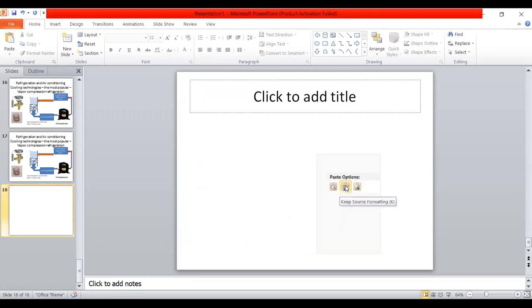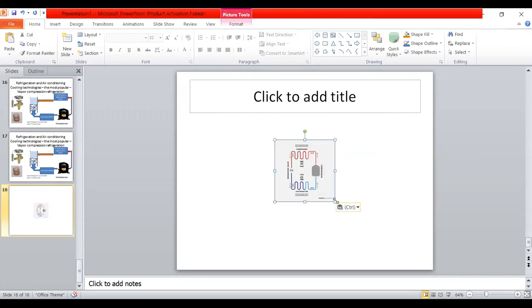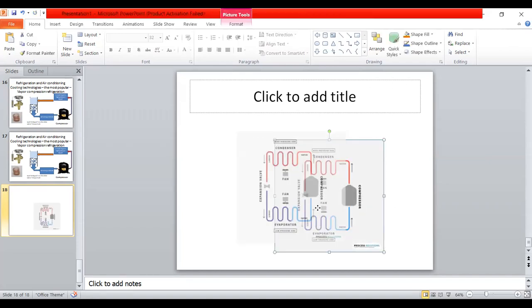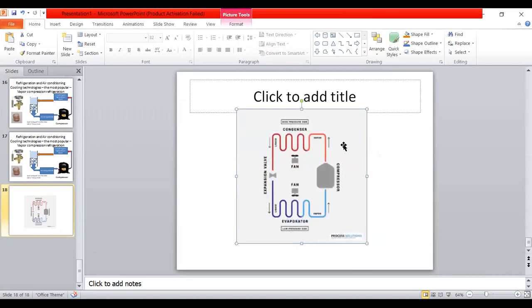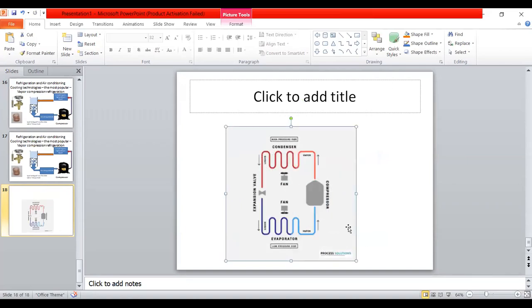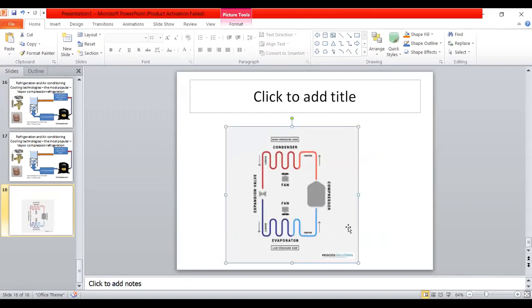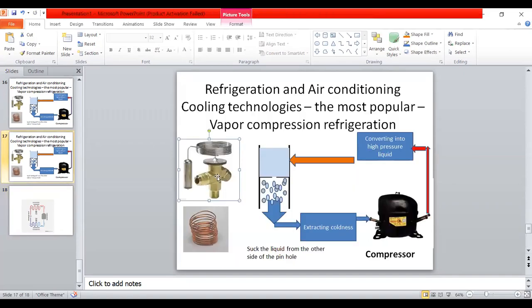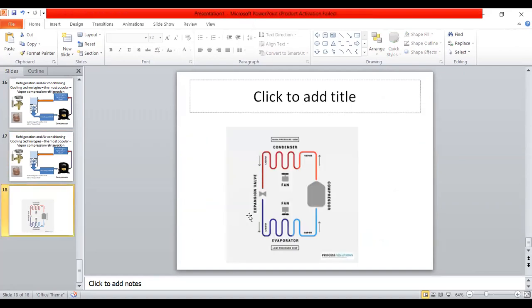Right. This is an expansion valve. Or even can be a capillary. Flashing takes place. Very critical component.